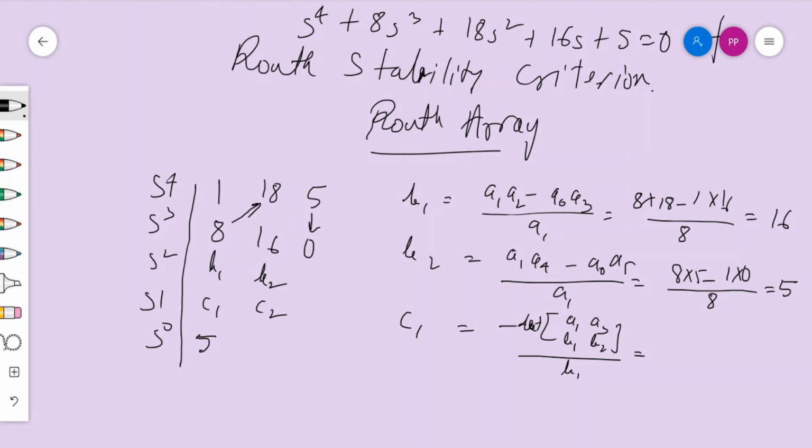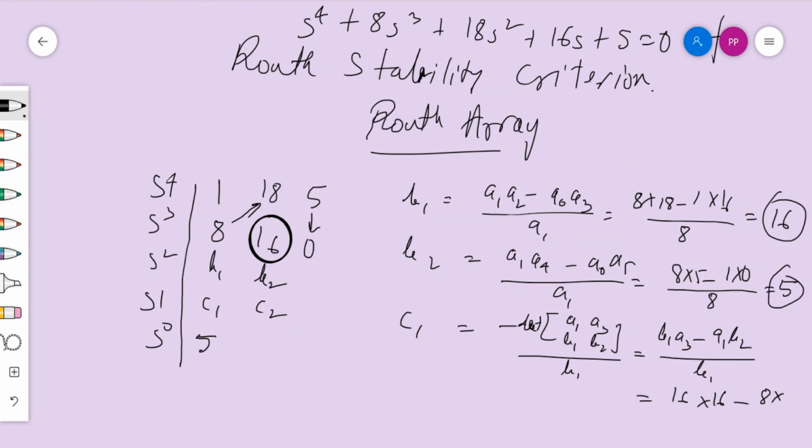So this becomes b1 a3 minus a1 b2 divided by b1. b1 is 16 over here, so we write 16 into a3, which is 16, minus a1 which is 8, into b2, which is 5, divided by b1, which is again 16. So from here c1 becomes equal to 13.5. I have calculated it beforehand, so I am writing the value directly. You can calculate it yourself and check whether it is right or wrong.